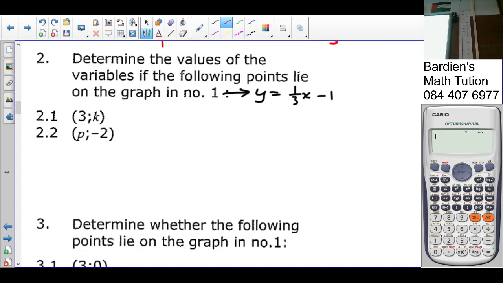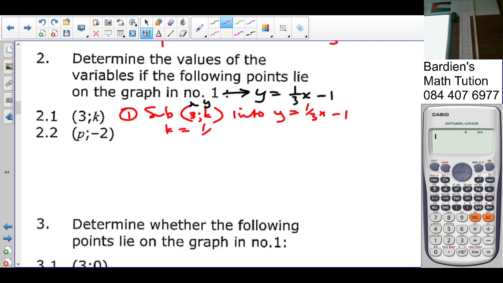So how do we calculate the value of k? We substitute, this is for number 1, 3 and k into y is equal to a third x minus 1. This is an x and a y. So we've got k is equal to 1 over 3 times 3 minus 1. 1 over 3 times 3 is 1, minus 1 is 0. You guys understand?